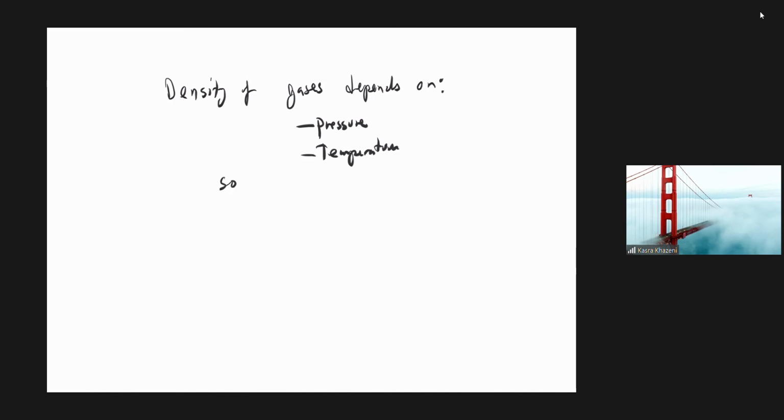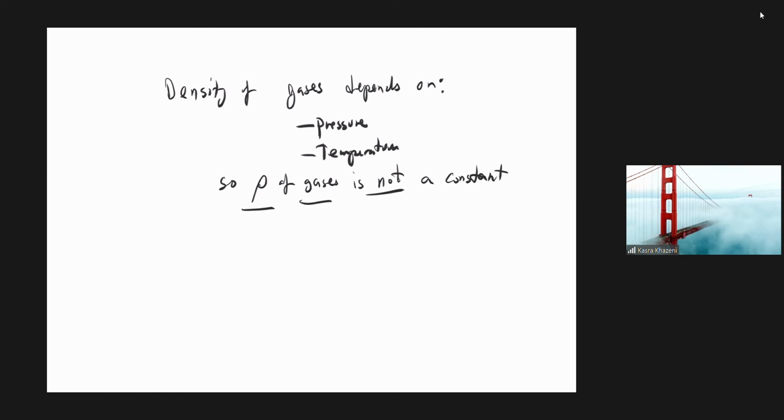So density of gases is not a constant. So you want to make sure you understand the density of gases is not a constant. And I'm sure in your chemistry class, you've learned that PV equals nRT and how the density can be calculated at different pressures and temperatures and all that. So density is not a constant for gases.